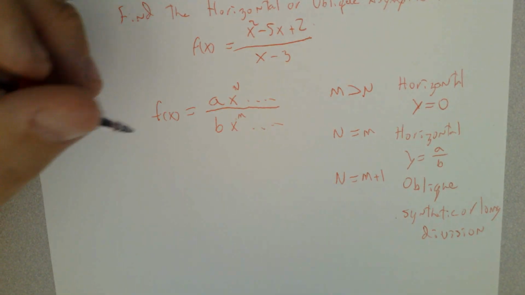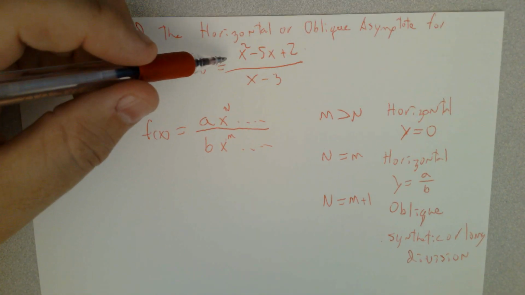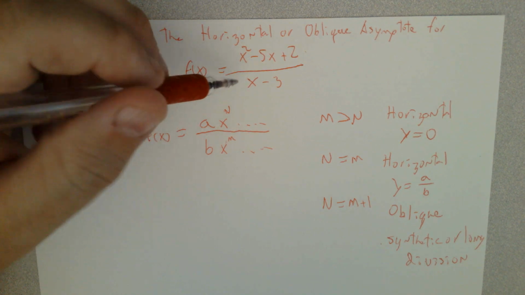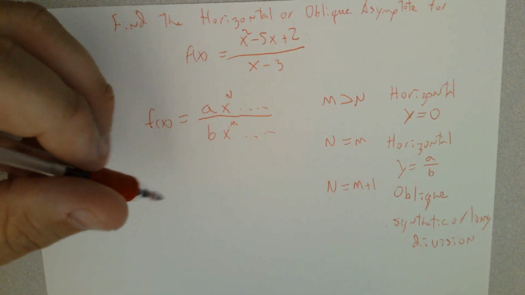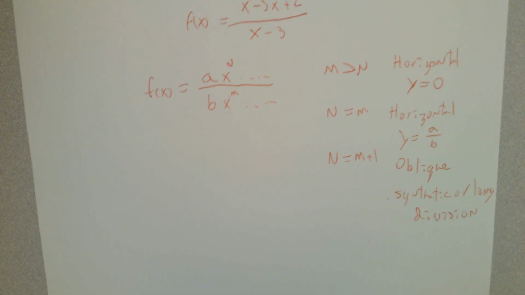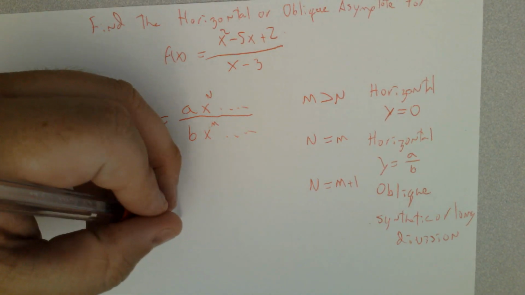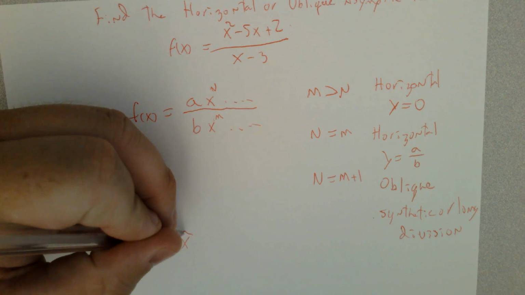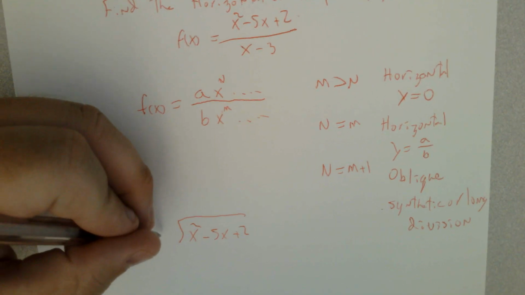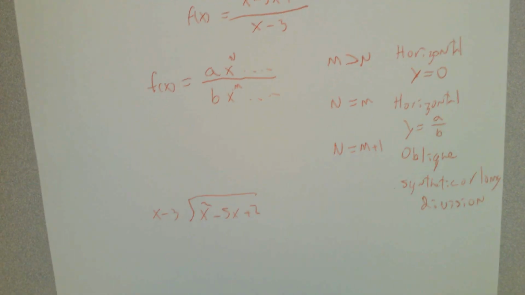We're going to divide the numerator by the denominator, and the result of that will be the equation of our oblique asymptote. So we're going to start out with x squared minus 5x plus 2 divided by x minus 3.